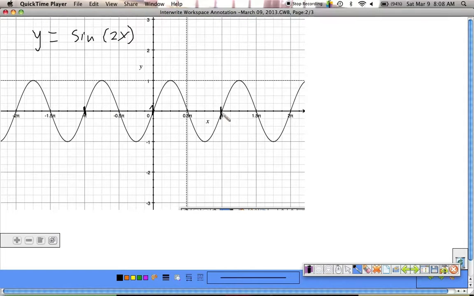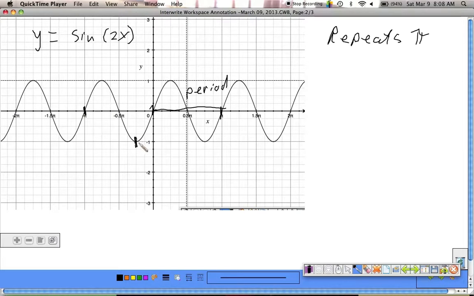Look, this time I'm repeating every pi. Between here and here is pi. That's called the period of the wave. From the equation, there's a way I can get that too, but I just want you to see where it is on the graph, the distance between repeats.